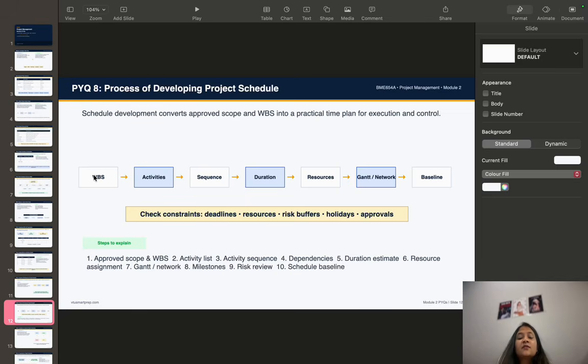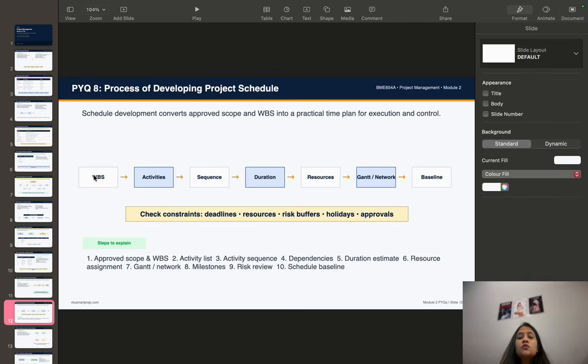Followed by seventh, prepare the Gantt chart or the network diagram. Then eighth, identify milestones. Next, review risk and uncertainty, and finally approve the schedule baseline. While developing the schedule, check the deadlines, resource availability, risk buffers, holidays, and approvals.